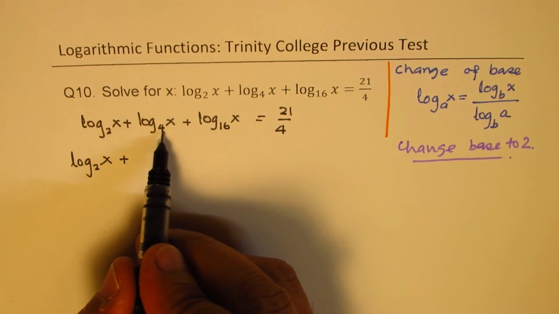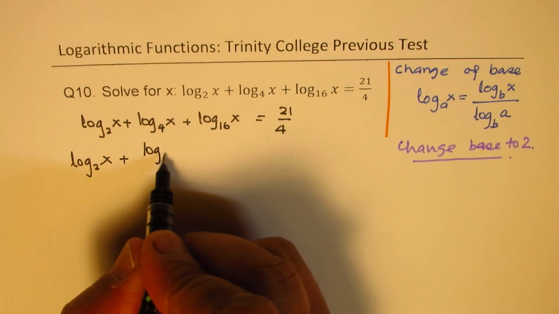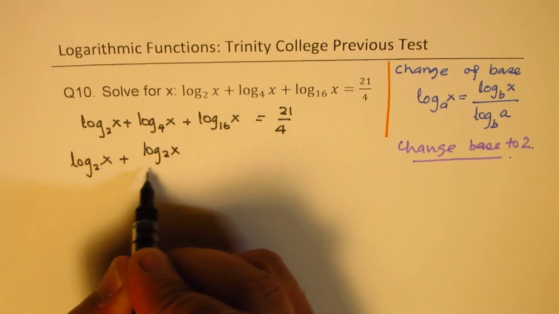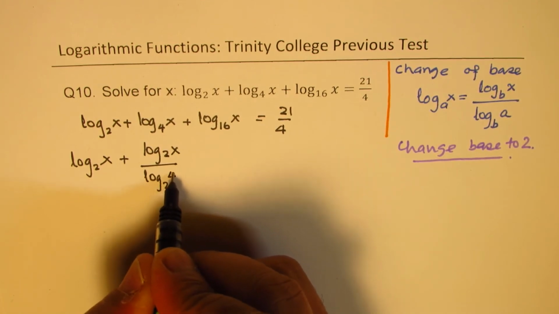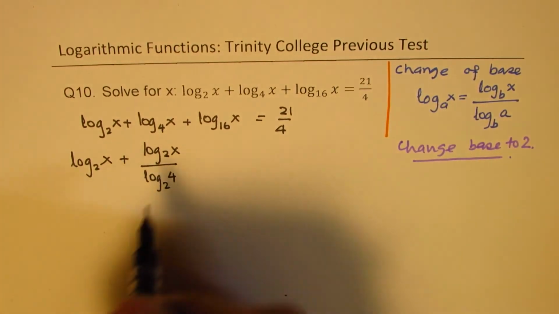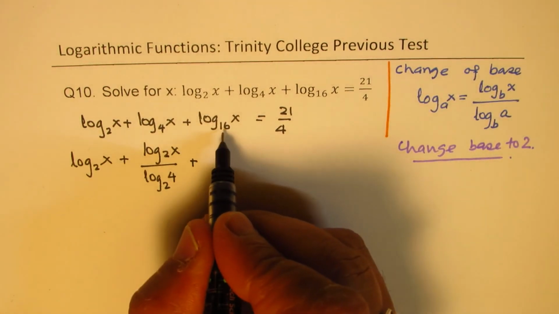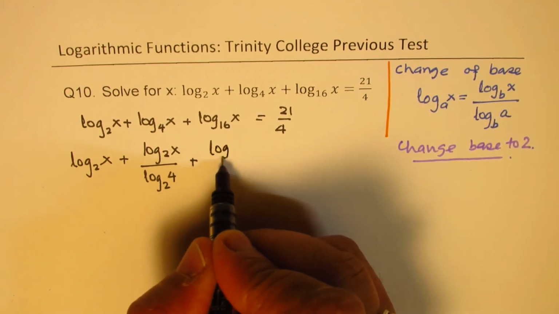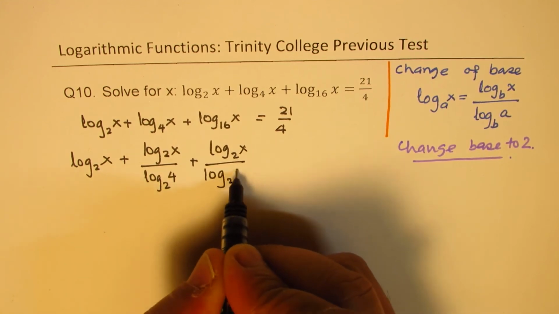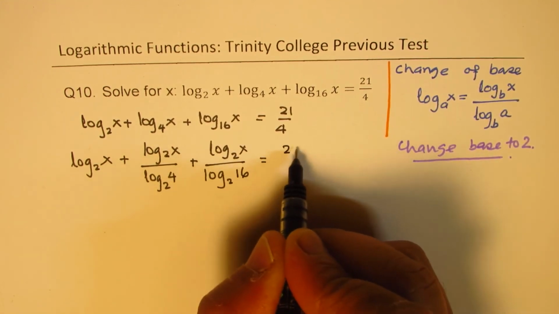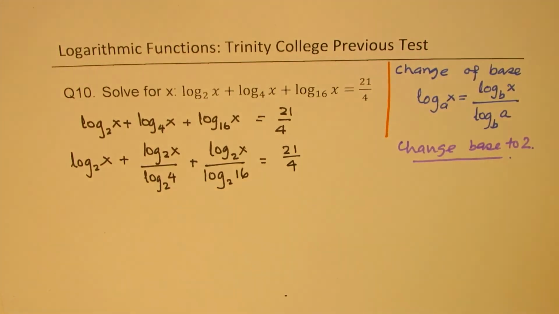Now log to the base 4 of x could be written as log to the base 2 of x divided by log to the base 2 of 4, correct? So we have used this particular formula. Now log 16, we could write log to the base 2 of x divided by log to the base 2 of 16. And on the right side, we have 21 over 4.